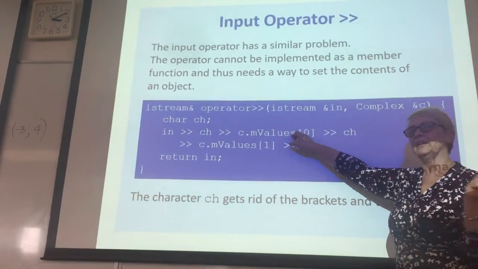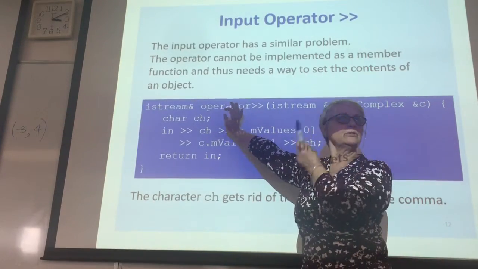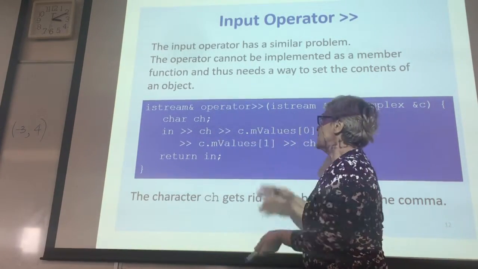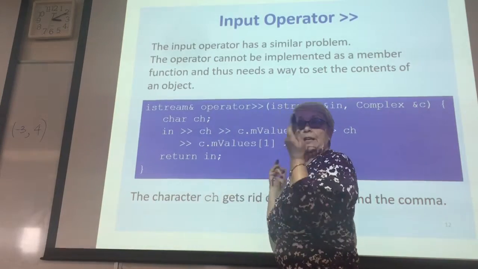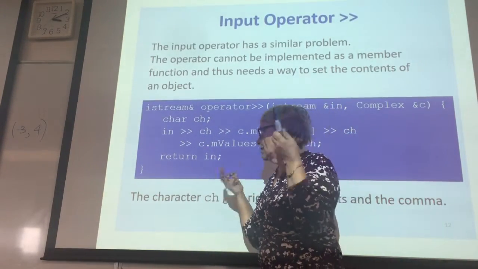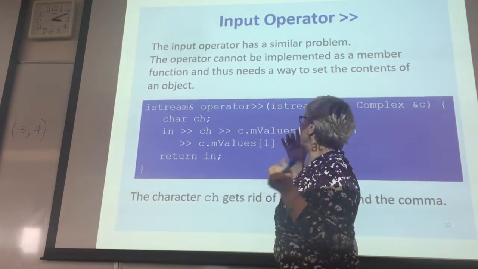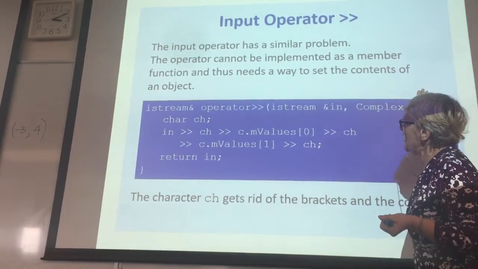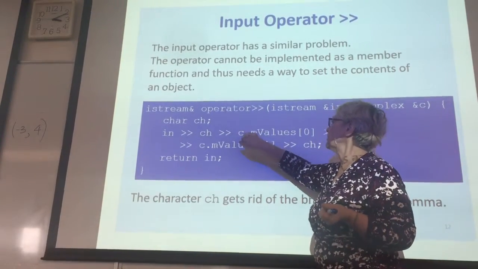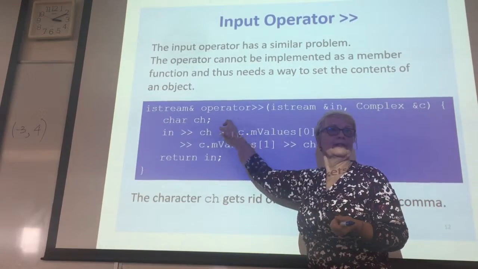Something similar you will have for your assignment when you implement the input operator for your student. You read some data, because the operator has to be a global function, not a friend or whatever. You will have a student here, and you will have student dot set name first, whatever you have read.